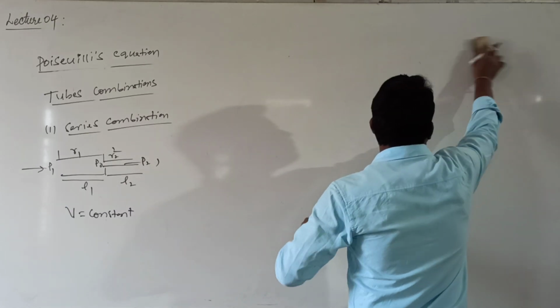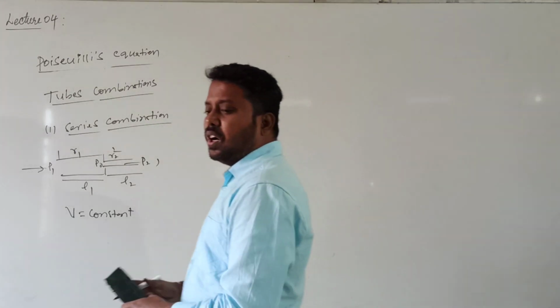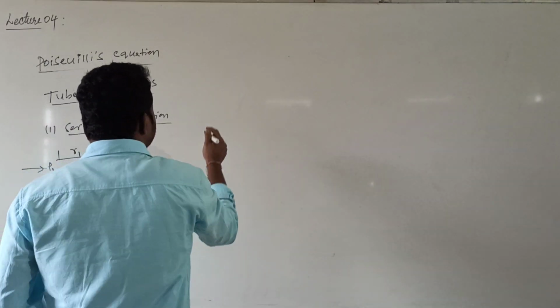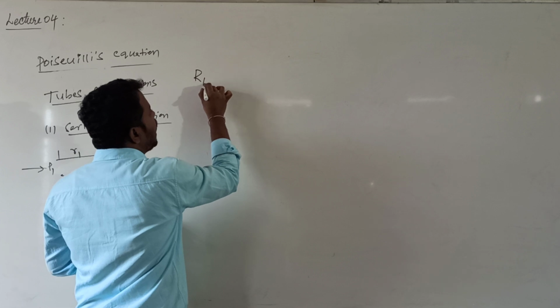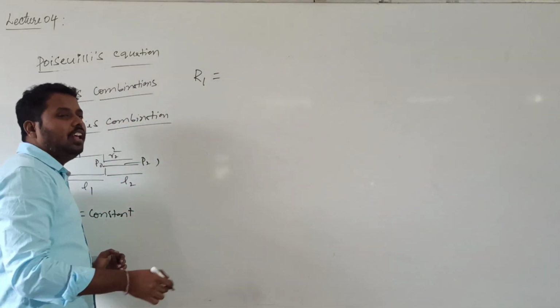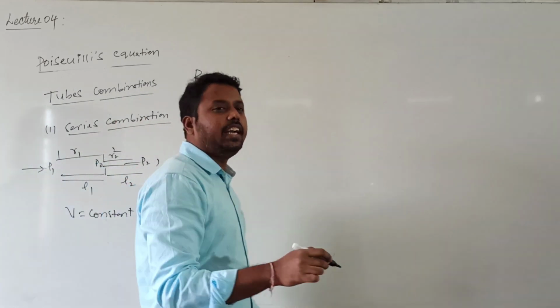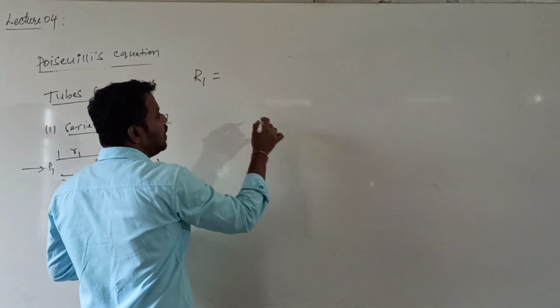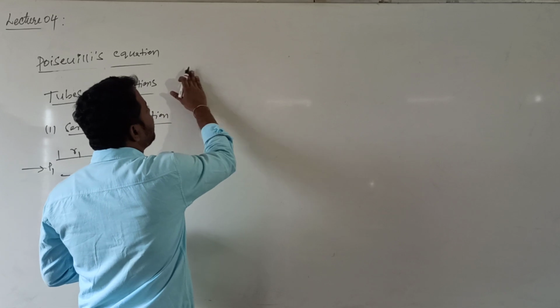Now, what is the resistance of the first tube? What is the formula for resistance? We have written R is equal to 8 eta L divided by pi R power 4.